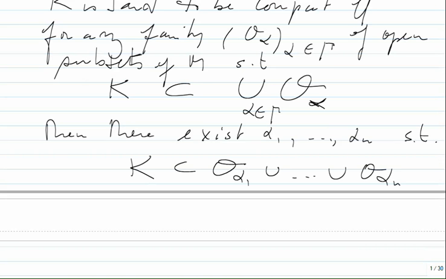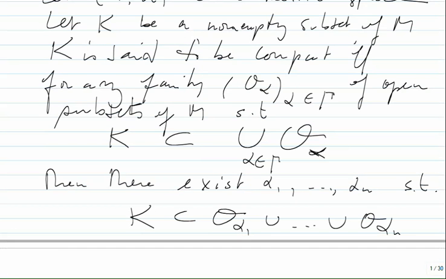A quick remark here: if we focus on the size of Gamma, in other words, how many elements are in Gamma, and we say only the families with a size less than some cardinal, this definition of course does not make sense if Gamma is finite.